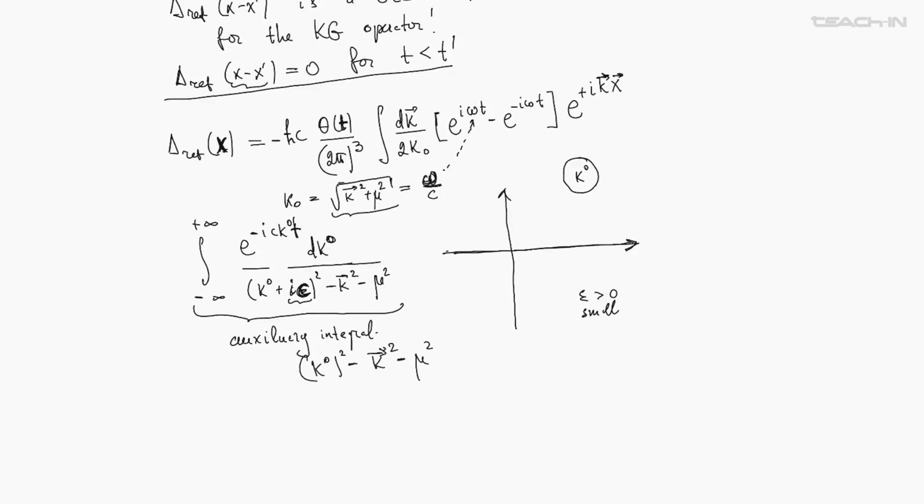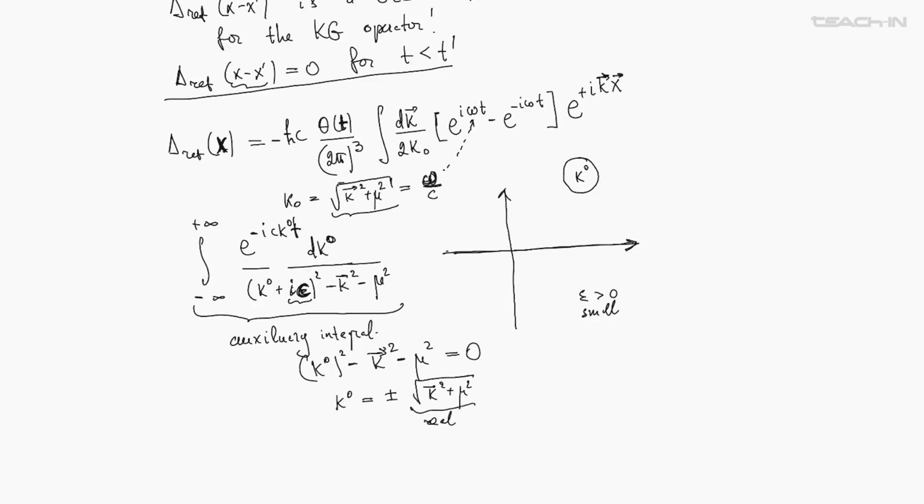This happens when k0 is equal to plus or minus the square root of k squared plus mu squared. These are real numbers, so where do they sit?